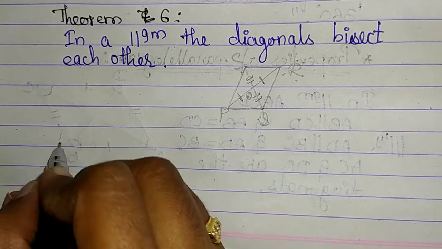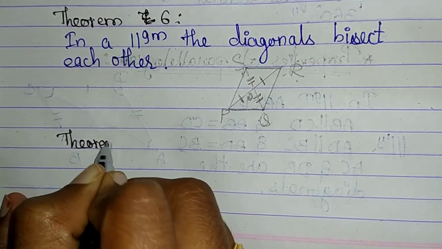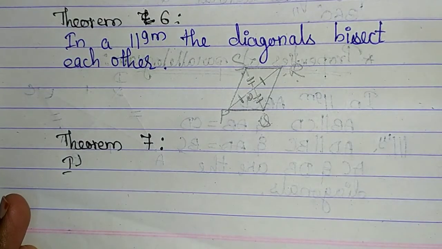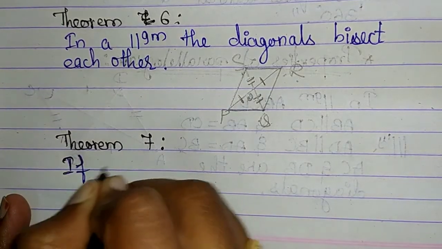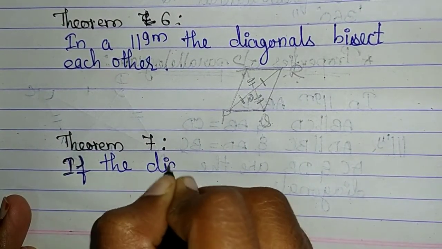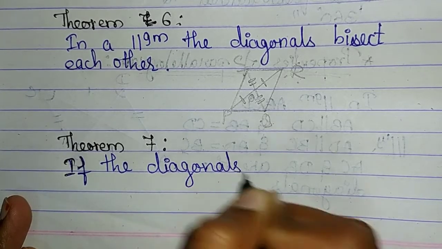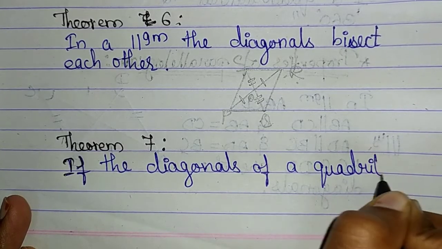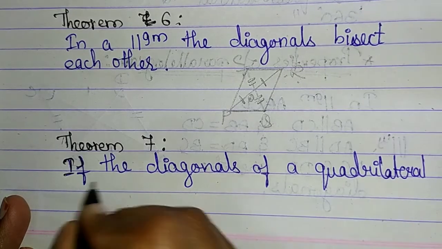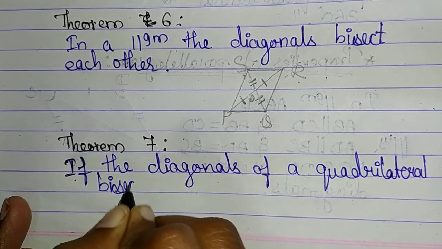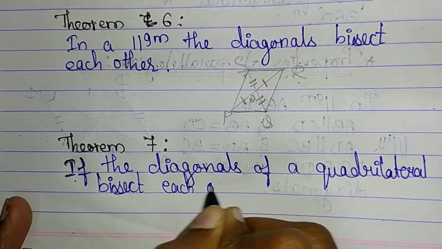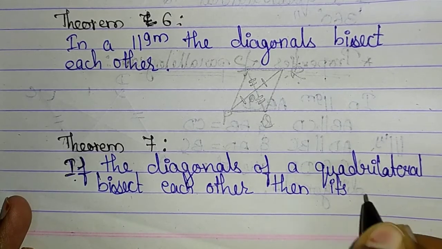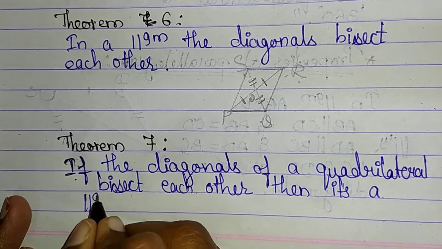That is the statement of the sixth theorem. Whereas the seventh and the last theorem says, if the diagonals of a quadrilateral bisect each other, then it is a parallelogram.